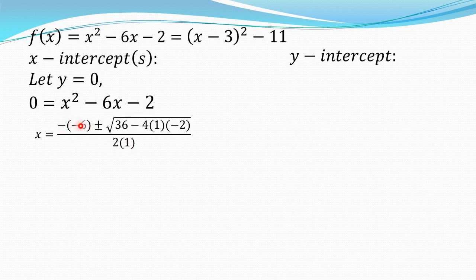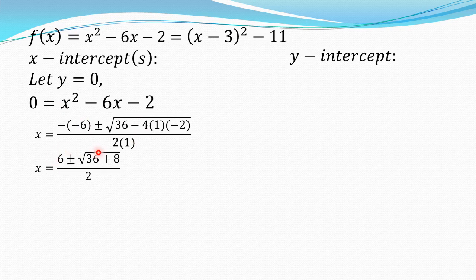This is negative b, where b is negative 6. Okay, be very careful with the signs. So this is negative 6 squared, which I already evaluated as 36. Minus 4 times a, which is 1, and c, which is negative 2. And your denominator is 2a, so your a is 1. So solving this, again, be careful with the signs.